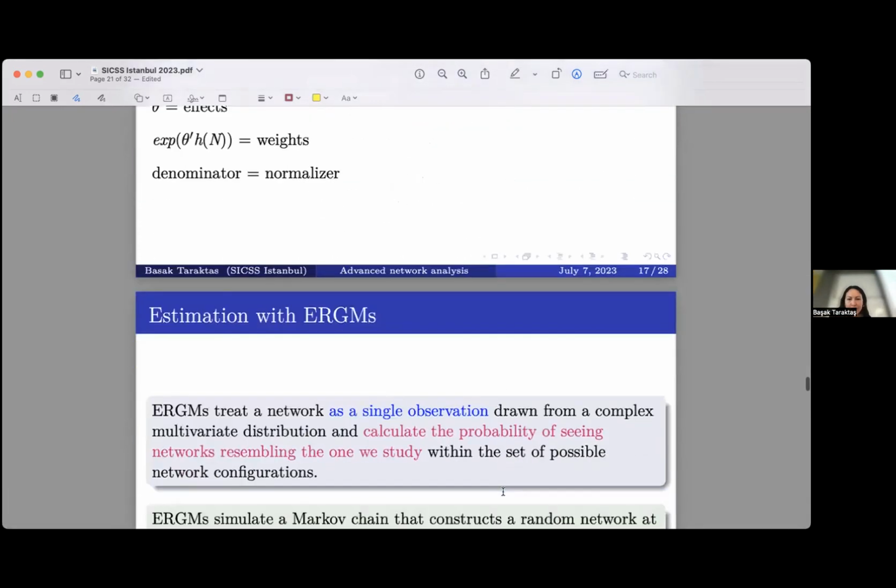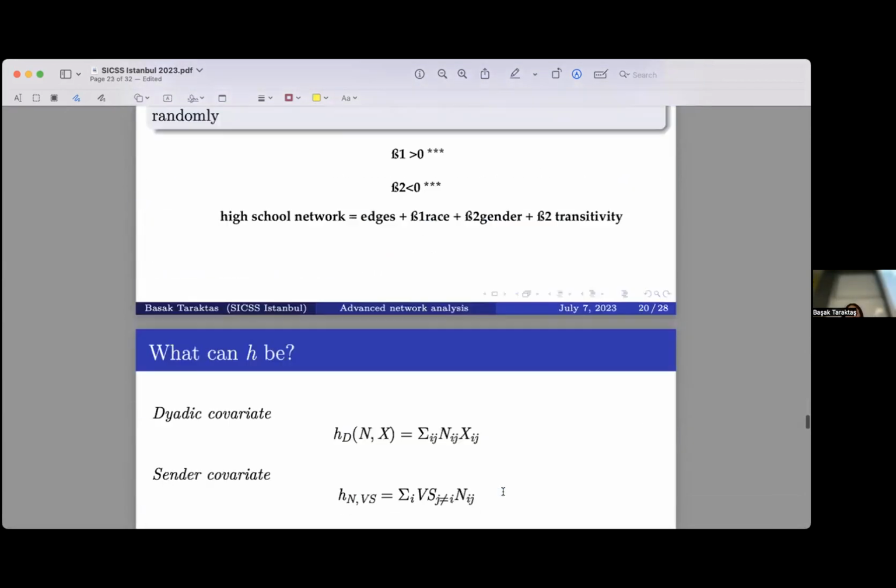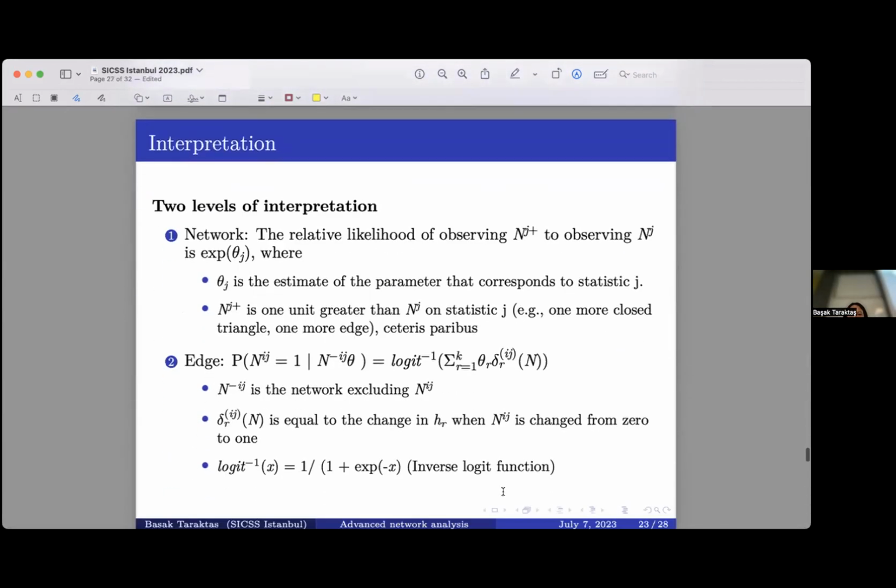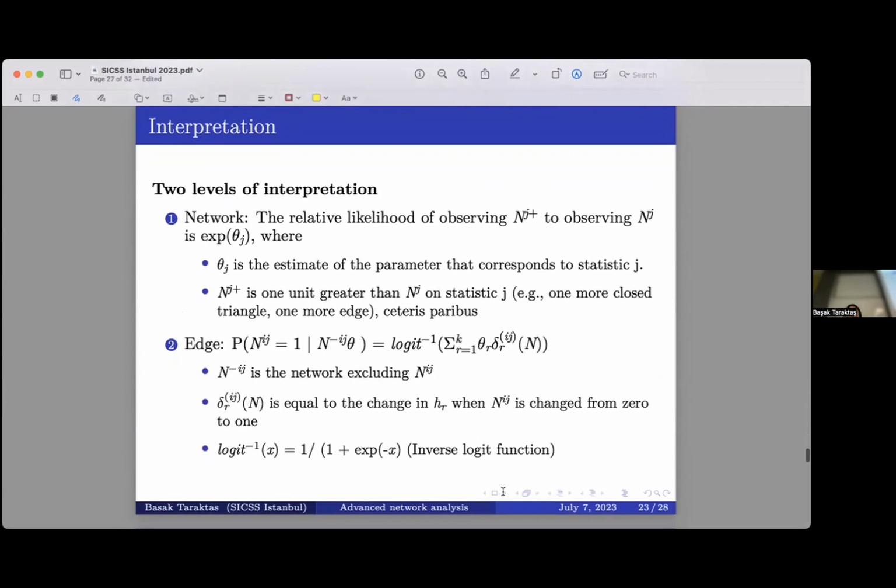And the way we actually compute the effect of each coefficient is by using the inverse logit function, 1/(1 + exp(-x)), where x is the effect you're trying to find. And that's going to give you the real effect.